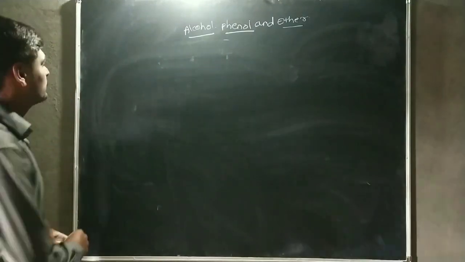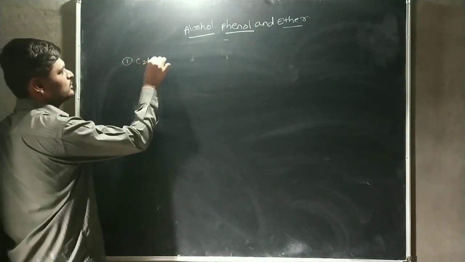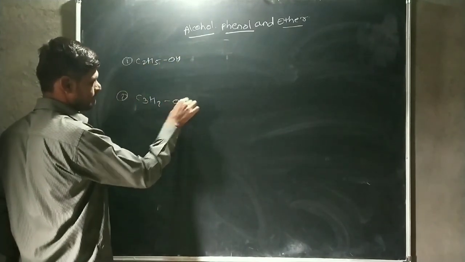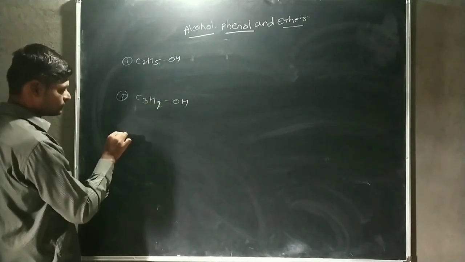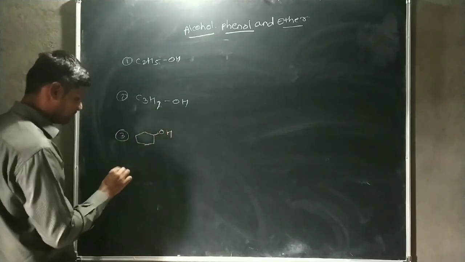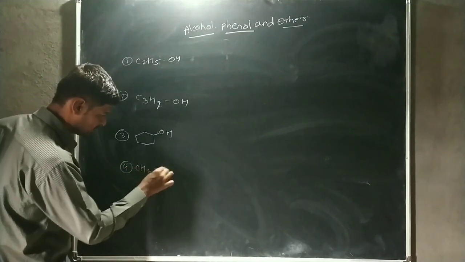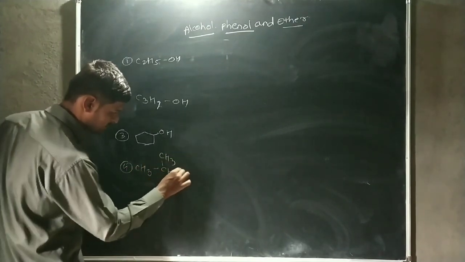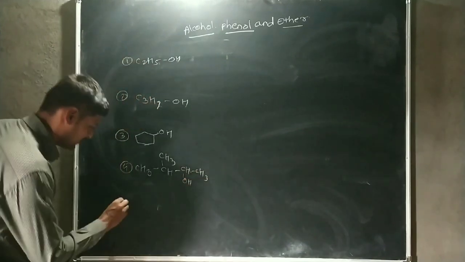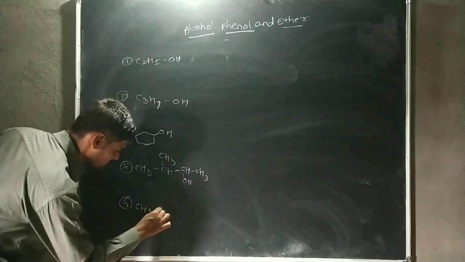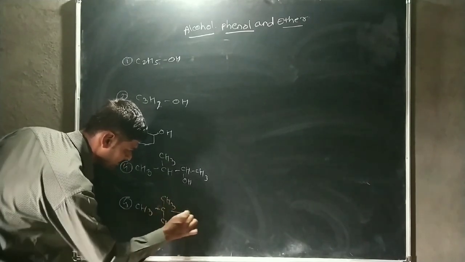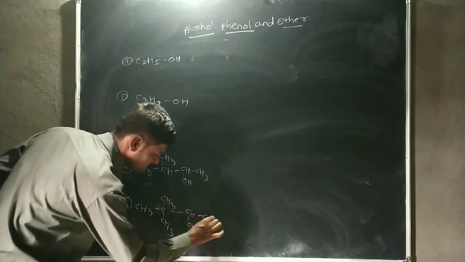The first example is C2H5OH, the second one is C3H7OH, the third one is cyclohexanol, the fourth one is CH3, then CH3, with a CHOH here and a CH3, and the last one is CH3, CH3, then CHOH is here, and CH3.